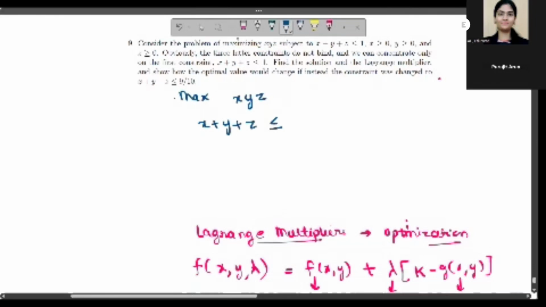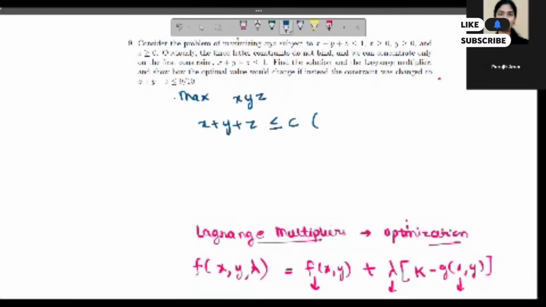So at first you have to check it for 1 and then you have to check it for 0.9. You have to maximize it, so you need to see which one is the maximum value, I mean, how it is changing. Is it decreasing or increasing?